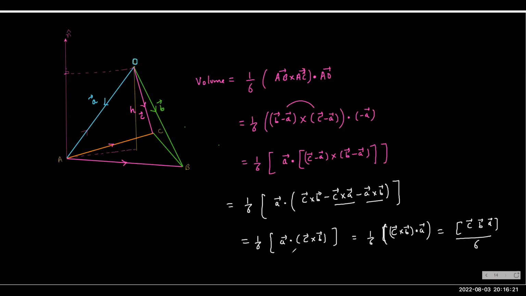So this is the answer. You just remember the volume of the tetrahedron, and this is something you need to know for some purpose. Like in physics, we hardly use it. In maths, only you are going to use this.